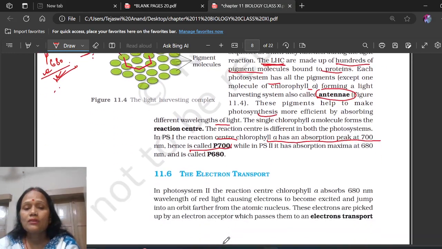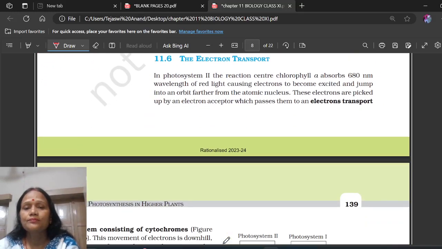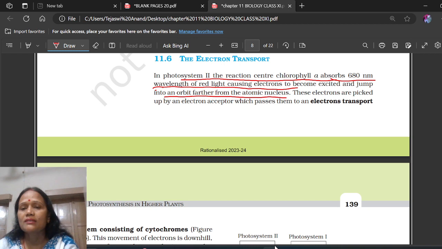Now if we come to the topic further, we find that reaction center chlorophyll A absorbs 680 nm wavelength of red light, due to which electrons are excited and they jump into an orbit farther from the atomic nucleus.